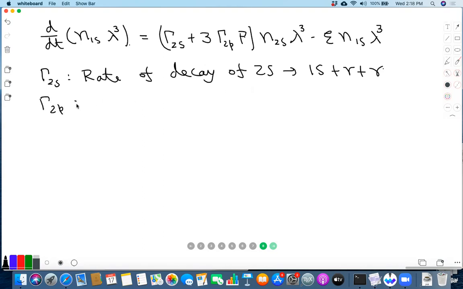Gamma 2p is the rate of decay of 2p to 1s plus gamma.